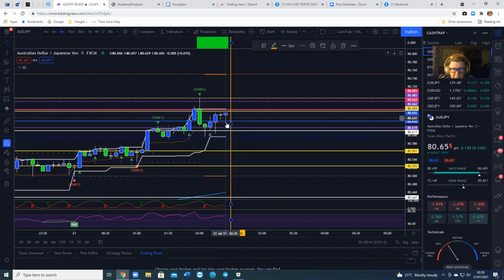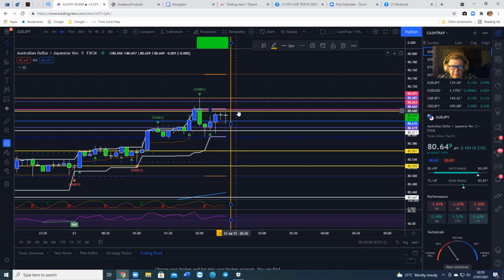There we are, that's wicked off right up there. We don't take trades 28, 29 minutes past, we wait for the next one. Now if you look at this level, it's got an hourly, the yellow, it's got a pink, which is a resistance 5 minutes, and a purple, which is a 15 minute, and you can see it's wicked off that level twice.